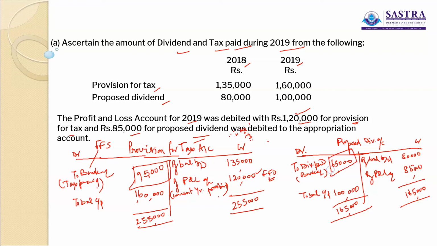It's nothing but the amount of dividend paid for the current year. So using the amount appropriated or debited to the appropriation account, 85,000, what is given in the question, we calculate the hidden information of the payment of dividend. So the question asked you to find out the amount of dividend paid, and the tax paid has just been calculated.